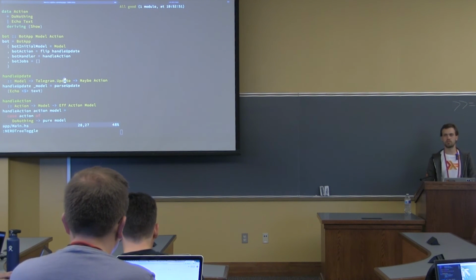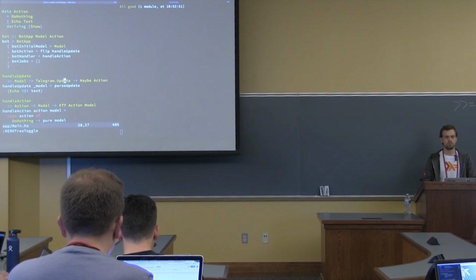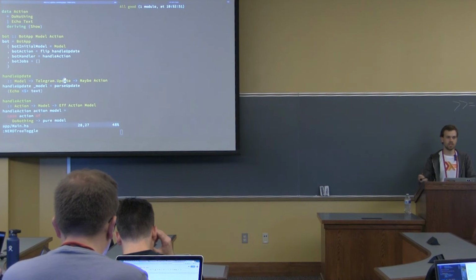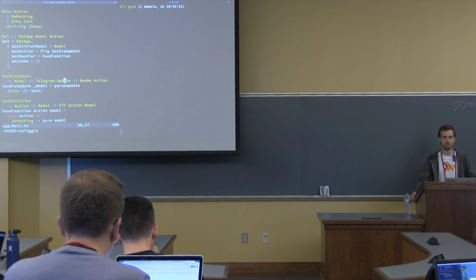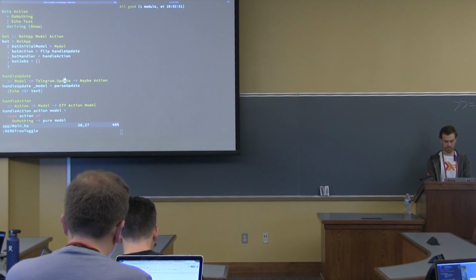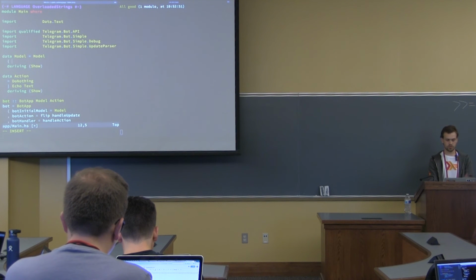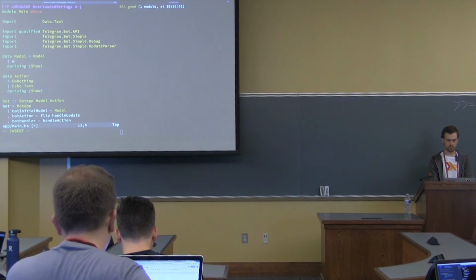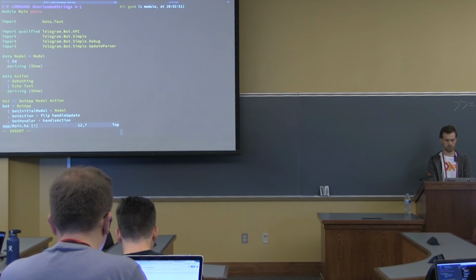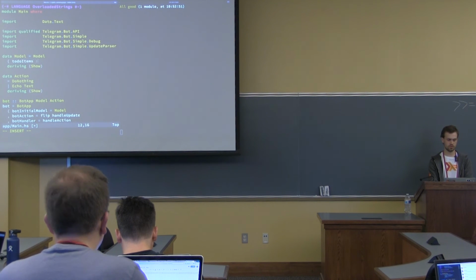So now let's do something more interesting with the model. All right. The basic thing that you can do with it is you can actually save all the incoming texts as a to-do list, right? And just keep them in the model. That's the very simple thing that you can do. So for that, we're going to use record syntax here, and we're just going to have to-do items.